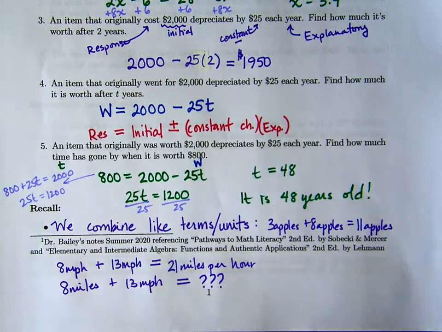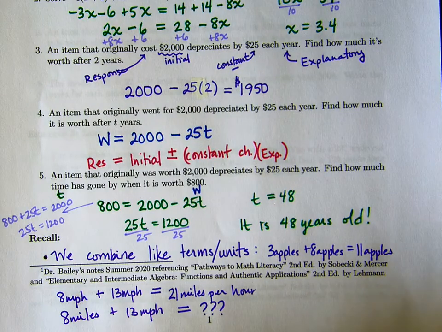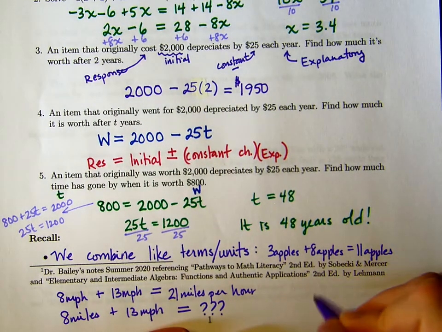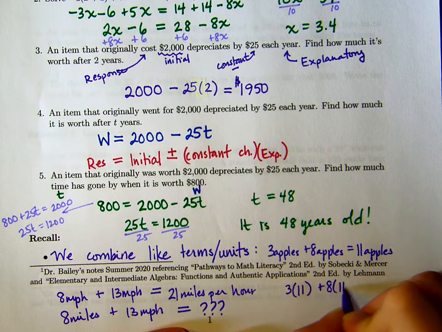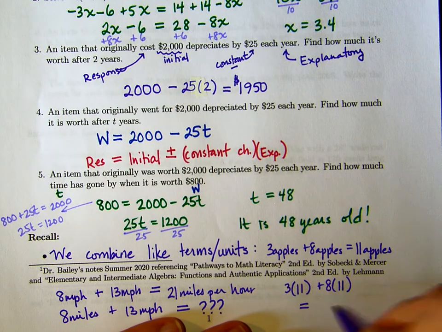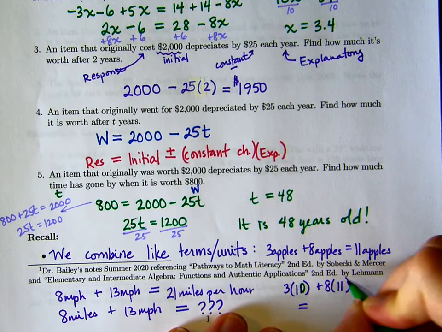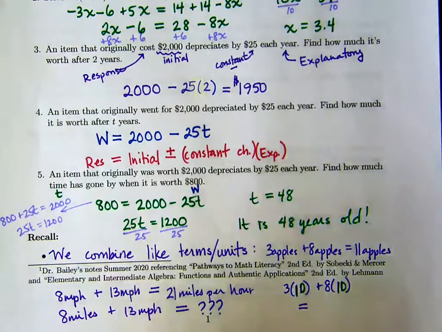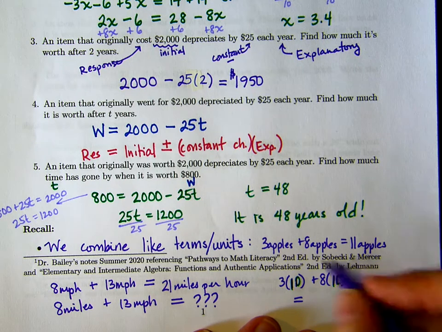Okay, so up here, and here's another one. Let's suppose we had 3 11s plus 8 11s. Oh, crud, I don't want to go with 11. Let's make this nicer: 3 10s and 8 10s, then all of a sudden we actually have 11 10s.